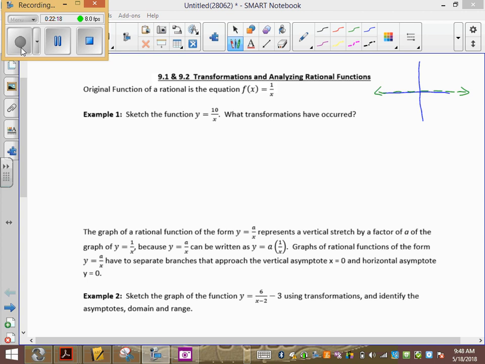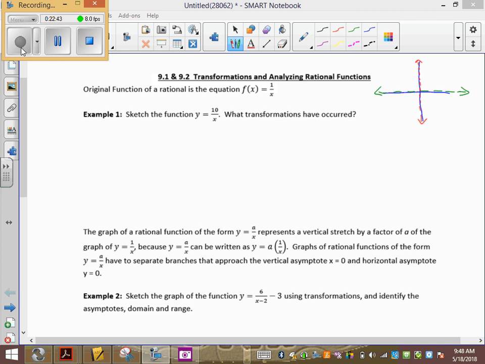Type 1 divided by x into your calculator. So if you have the TI-83s, your calculator is going to connect them because it believes that everything needs to be continuous. It's like, I want all graphs continuous. However, this graph isn't continuous.